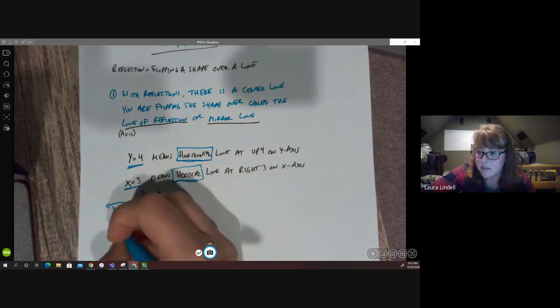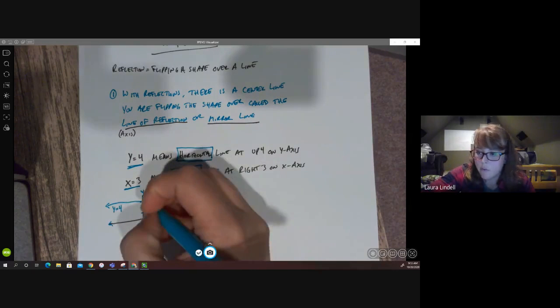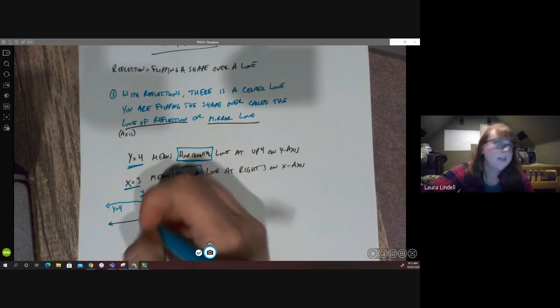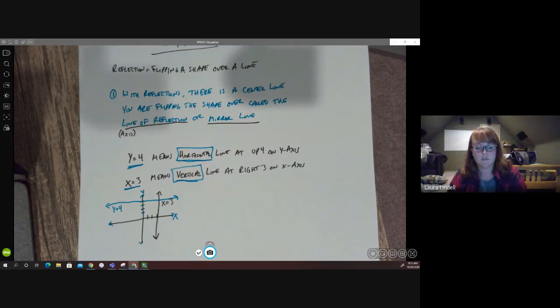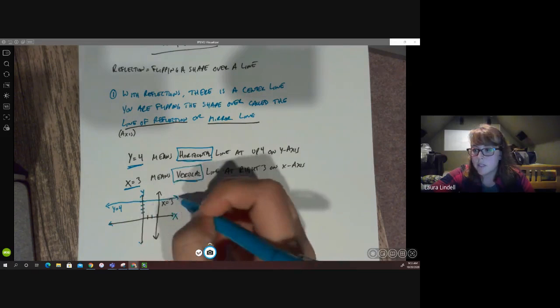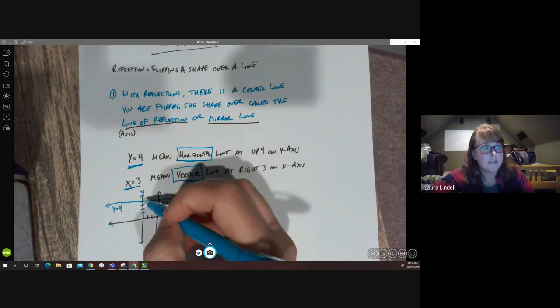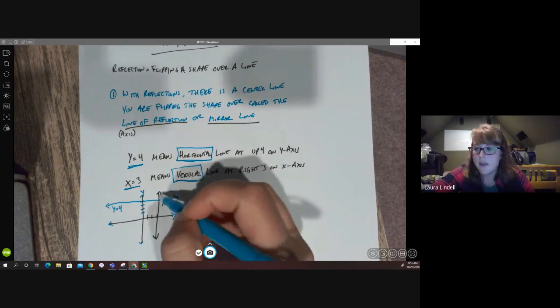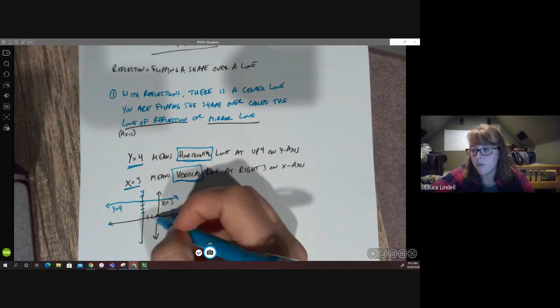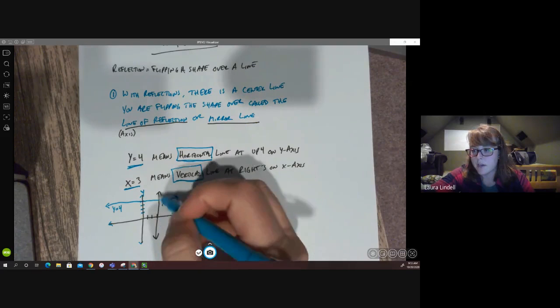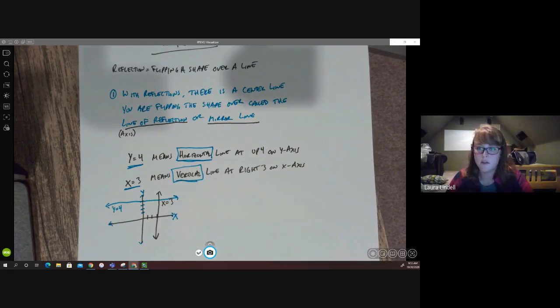So the x-axis still goes horizontally, the y-axis goes vertically. That's what people sometimes have trouble with here, identifying the lines. They think, oh, the y-axis is vertical, so y equals 4 is going to be vertical. But that's not the case. We want the place where y is always 4. So y equals 4 is actually telling us to go up 4 on the y-axis and make a line. X equals 3 is telling me to go over 3 on the x-axis and make a line.